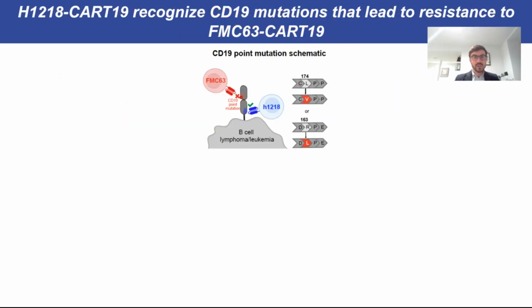So starting with the epitope and the characteristic, we hypothesized that targeting an epitope that is different than the ones of the currently available products could be beneficial. Why? Because there have been mutations described in the epitope that is recognized by FMC63, and therefore targeting a different epitope could be beneficial because it could overcome that specific resistance.